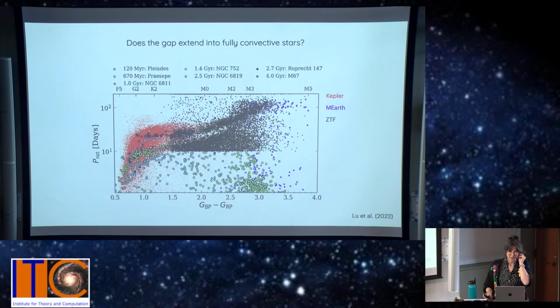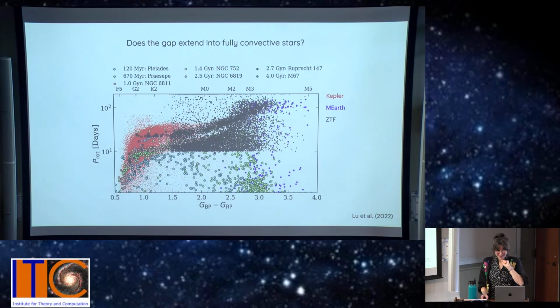for fully convective stars. This indicates that whatever is causing the gap is likely related to the fact that partially convective stars have separate cores and envelopes that spin down independently. The fully convective M dwarfs just spin down continuously without ever stalling.